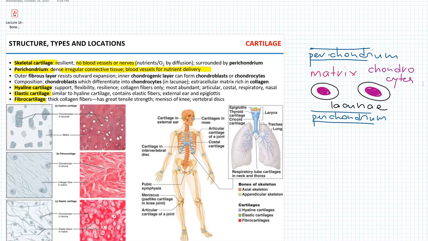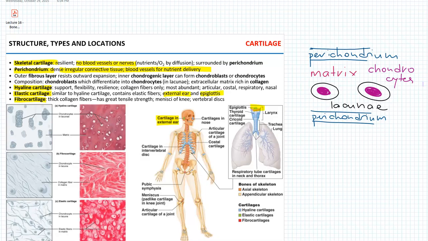So if you look at the image of that skeleton, you can see that the elastic cartilage is found in the external ear, and another location that is not highlighted on the image is the epiglottis.